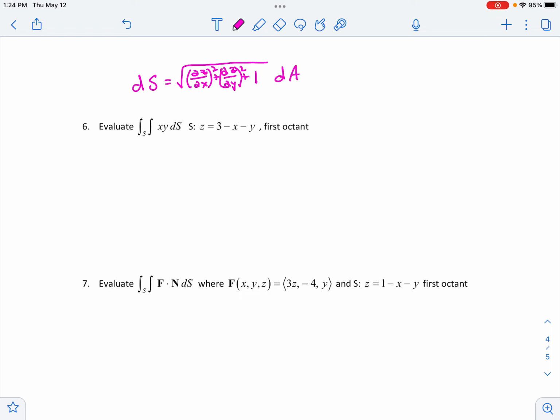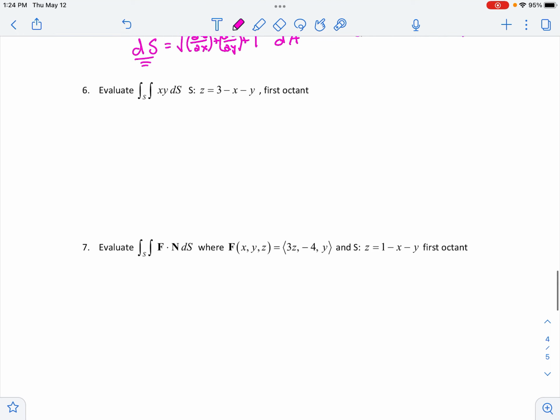So remember, this is how we can interpret. If we were in parametric form, it would be the cross product of partial r with respect to u cross partial with respect to v dA. That's if we were dealing with a parametric surface, but we're not here.